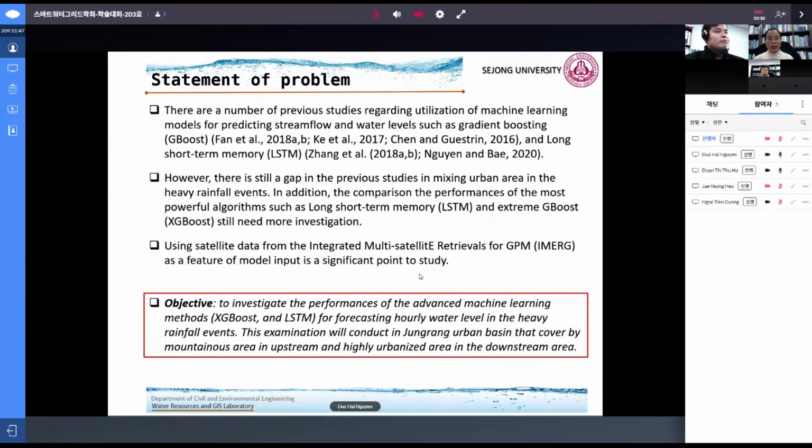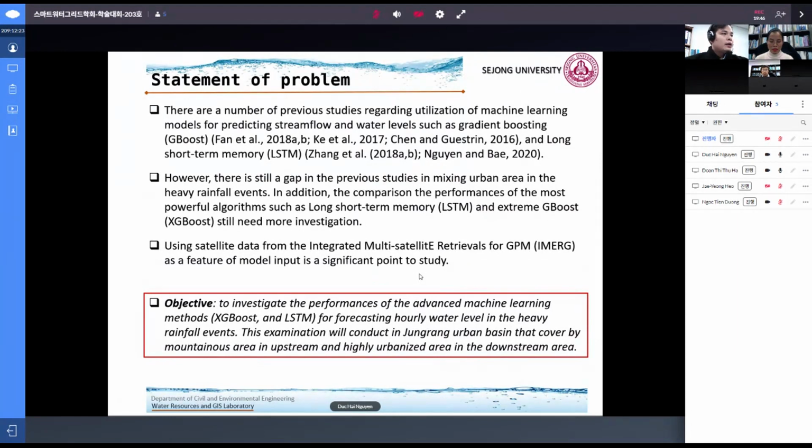In this study, I am also using satellite data from the Integrated Multi-satellite Retrievals for GPM as a model input. I think it is significant to study more on applying satellite data in my study.